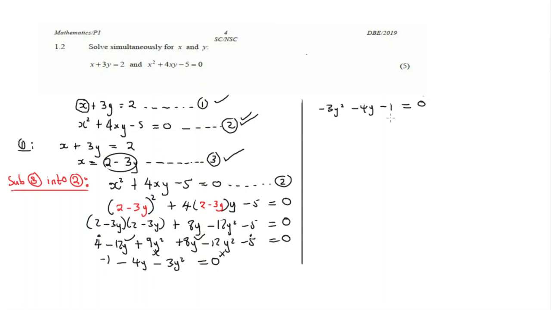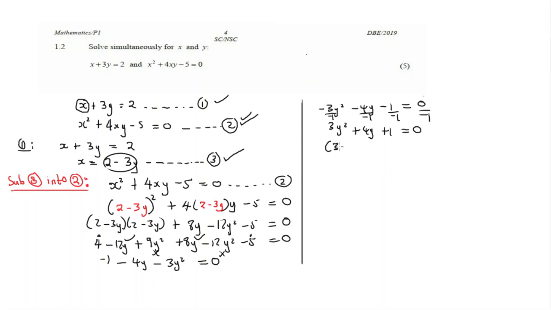But now, to use the factoring method, the coefficient of the squared variable must be positive. So for y squared, you divide by negative 1 throughout, and it becomes plus 4y plus 1 equal to 0.